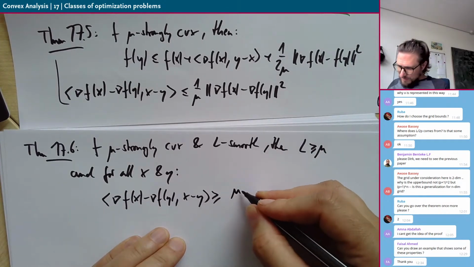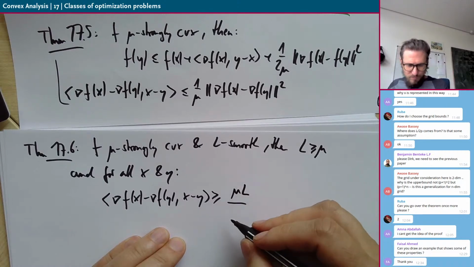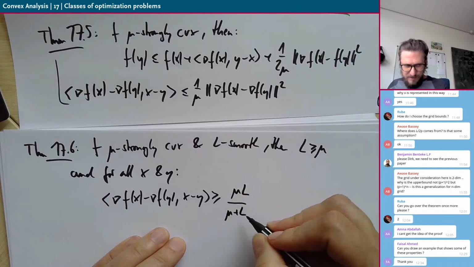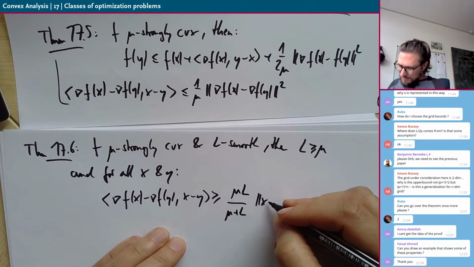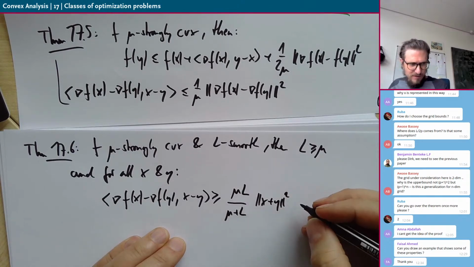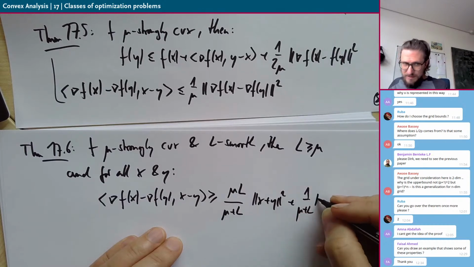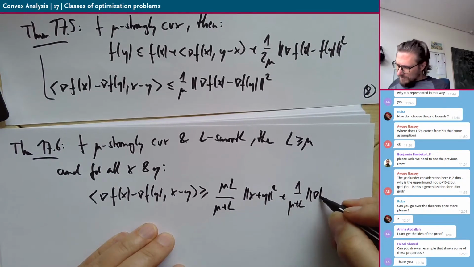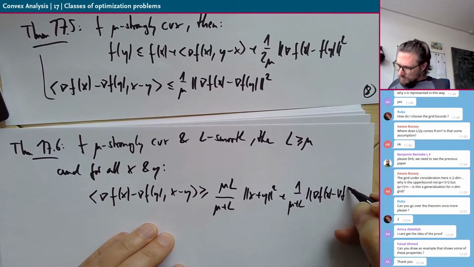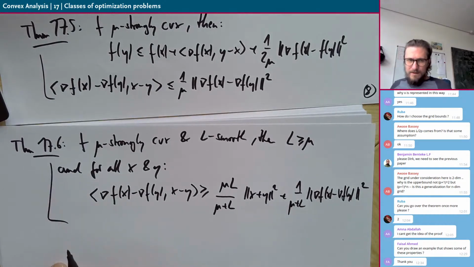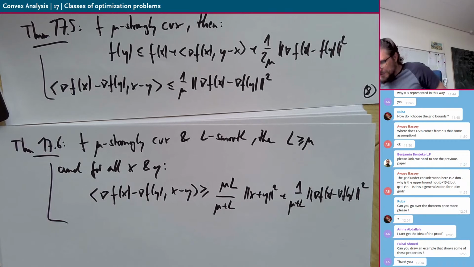It's mu times L over mu plus L times x minus y squared, plus 1 over mu plus L times the difference of the gradients squared. Yeah, one more inequality. I'm sorry, there's a lot of inequalities.